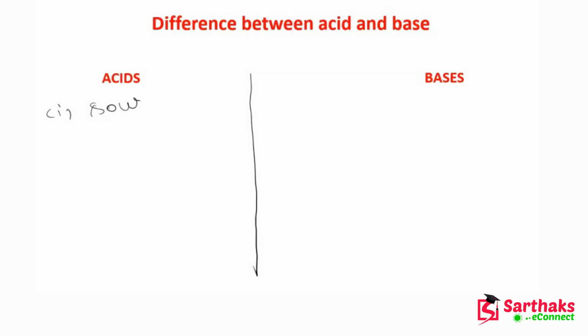This is the first difference on the basis of taste. And if I talk about bases, then bases are bitter in nature. If you taste an acid, you will feel that it is sour, and when you taste a base, it will be bitter in taste.